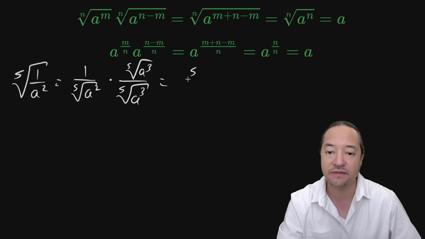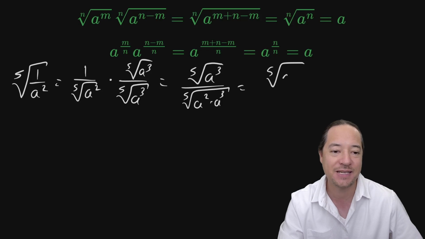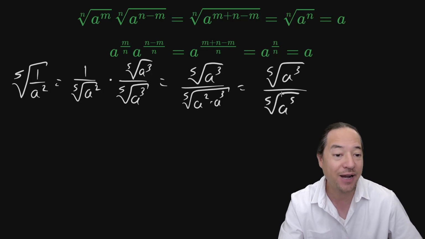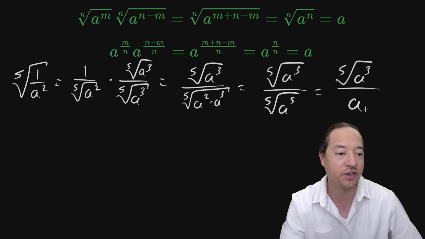So I'll wind up with the 5th root of a cubed on the top. And in the denominator, now this is like the 5th root of a squared times a cubed. So that's just going to be, of course, the 5th root of a to the 5th power. And that's it. I've done it, right? So this simplifies down to the 5th root of a cubed over a.